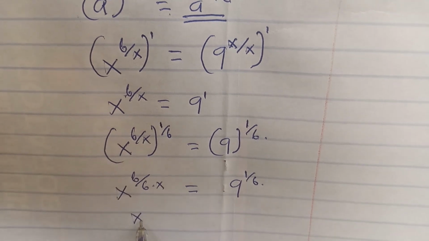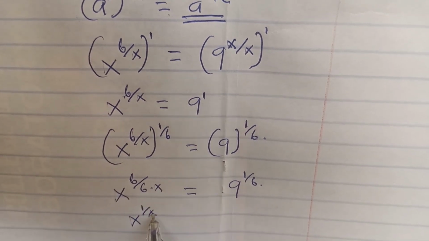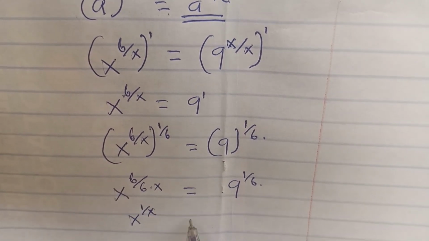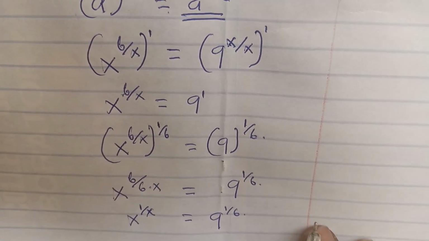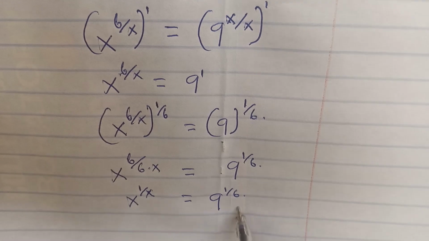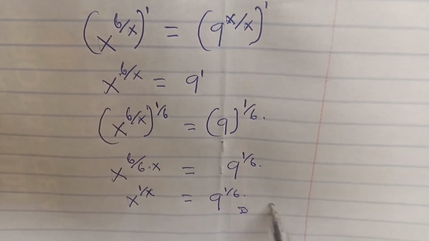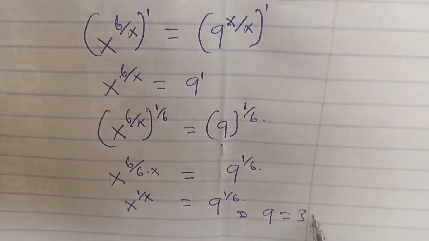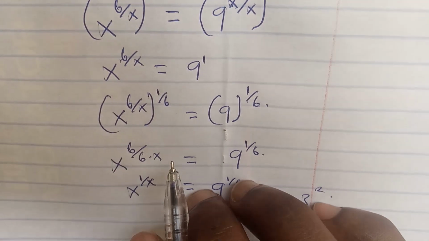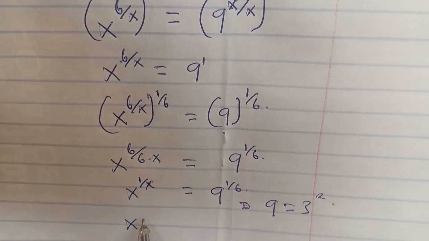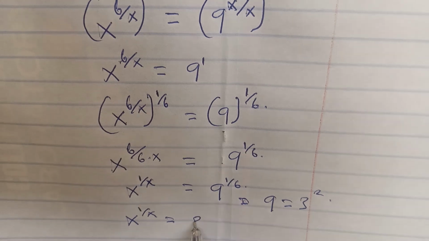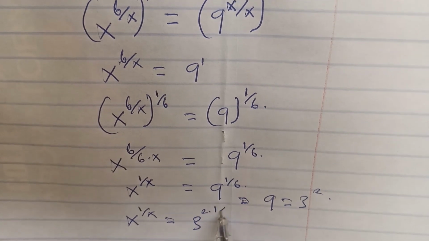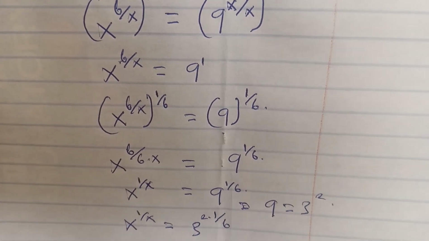We are left with x to the power of 1 over x equals 9 to the power of 1 over 6. Recall, I can rewrite 9 as 3 to the power of 2. So I can have x to the power of 1 over x is equal to 3 to the power of 2 times 1 over 6.